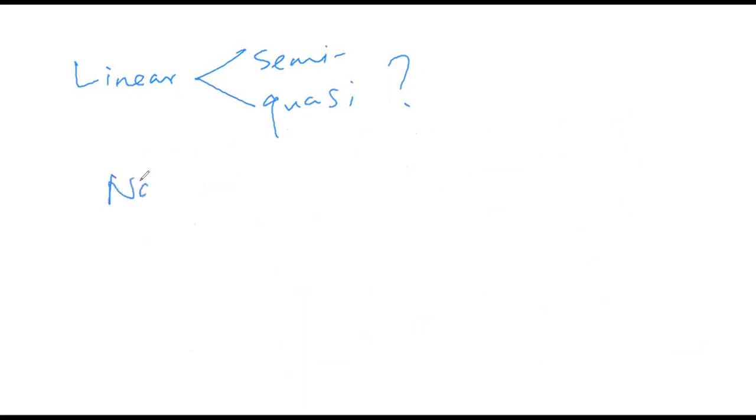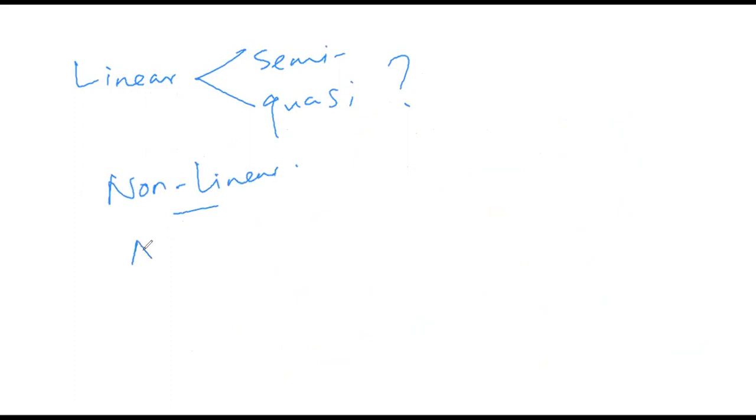So we have linear. In that we have seen what is linear, what is semi-linear, what is quasi-linear. This is what you have to be clear about. I'll give you some examples also, don't worry. The next one is non-linear. So let's see the definition of non-linear.